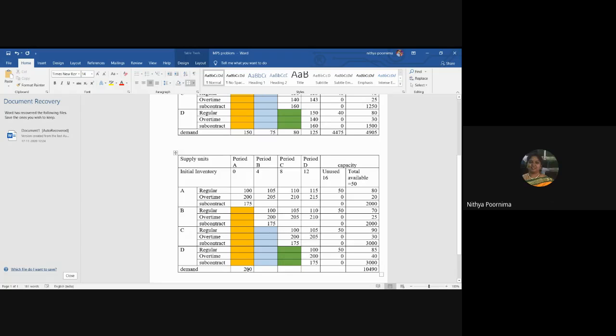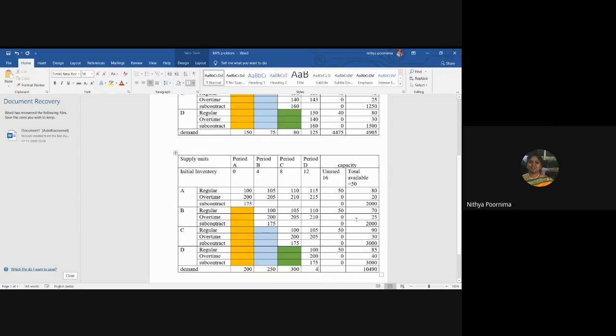Then 250, 300, and the last one is 350. Okay. So plus we need to add this 50 here, right? So we will add 400.